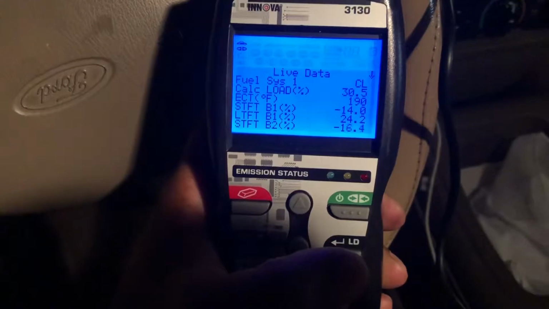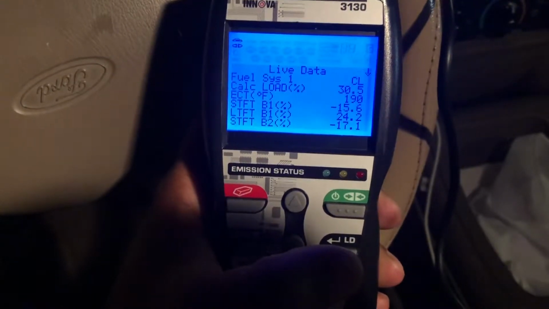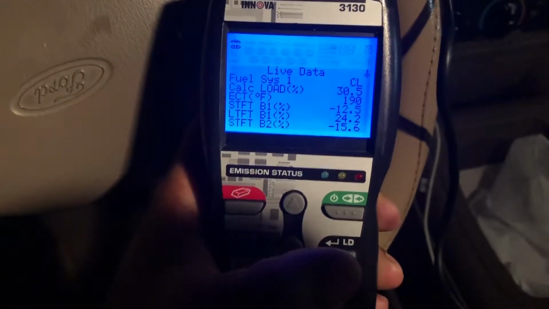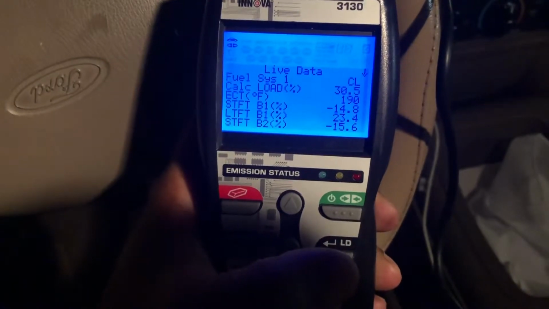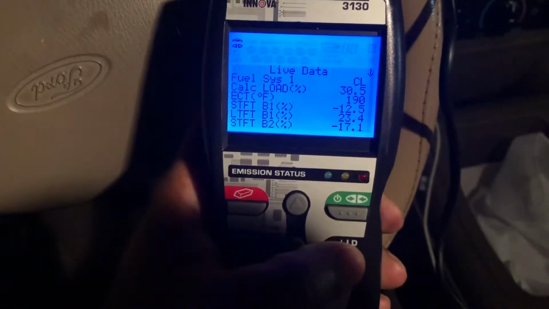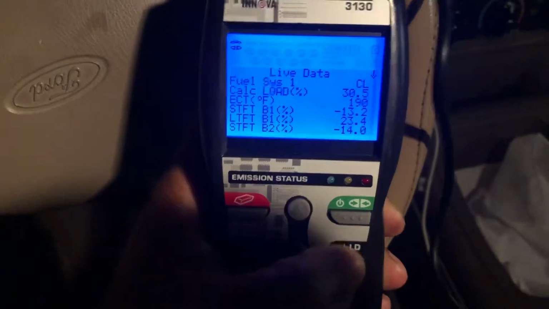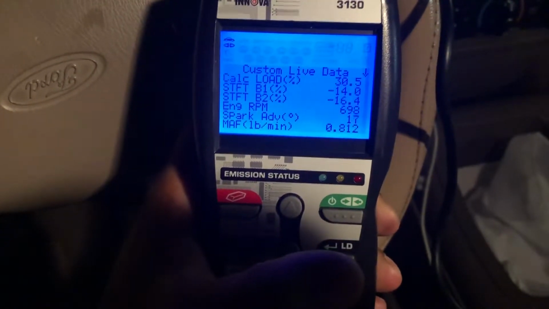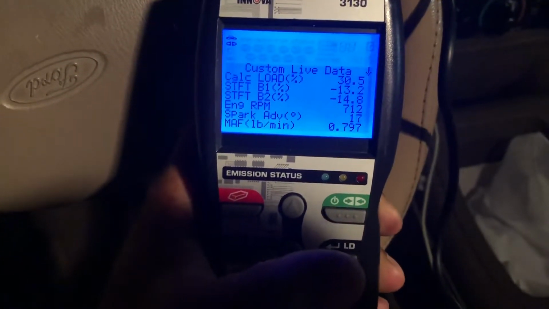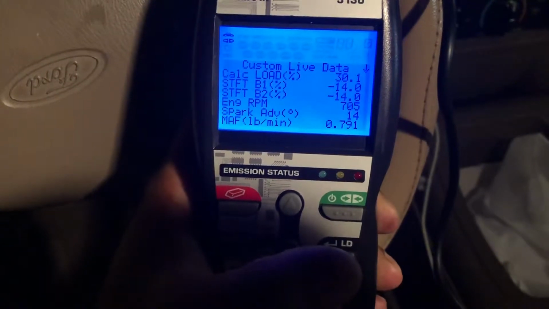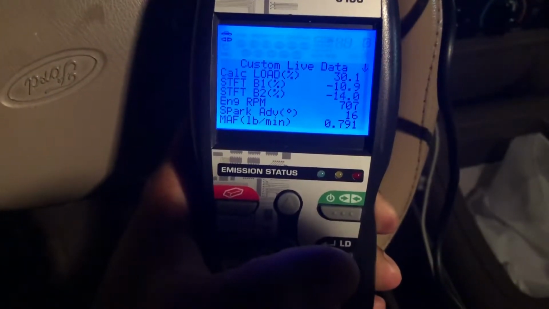So that's what we want to see. Our short-term fuel trim is going negative, taking fuel away. And we should see that long term begin to come down as well. Let's go back. Yep. Short term, long term, going negative.